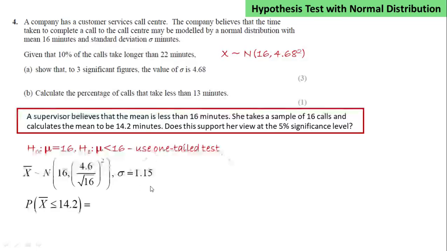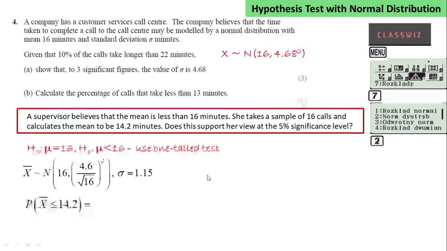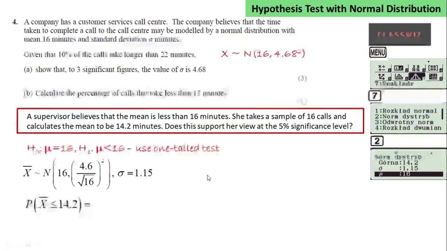We're going to look at the probability that x bar is less than or equal to 14.2. We're going to use ClassWiz again. Here, we're going to choose the ordinary normal distribution, so it's 2. We're going to put in a lower value of 0, an upper value of 14.2, a standard deviation of 1.15, a mean of 16.